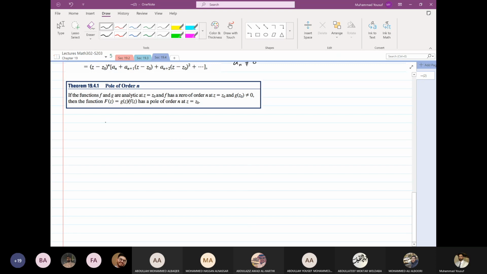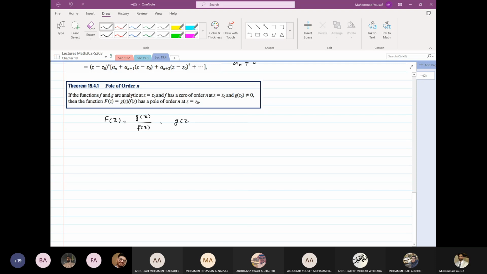Let me rewrite this again. We have F of z equal to g of z divided by small f of z.